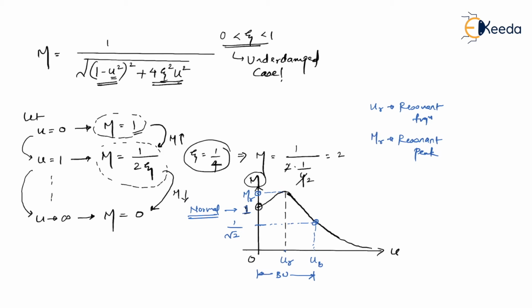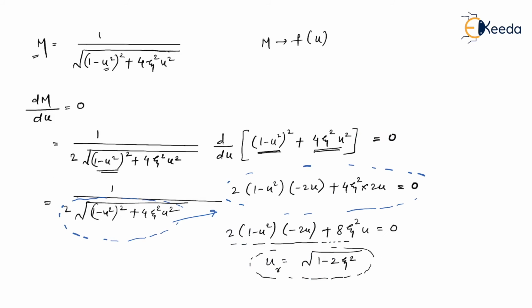Now my question is, when u becomes ur, which stands for the resonant frequency, what will m become? M will become mr. So let us use this concept. Let me call this one equation 1 and this one equation 2. Can't we just substitute the value of u as ur in equation number 1, and try to get the value of mr, which is nothing but the resonant peak? I hope you understood my plan.